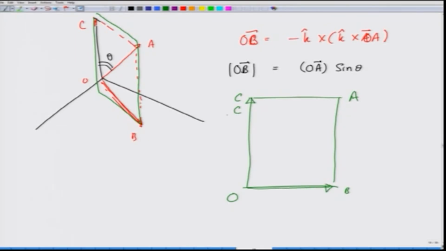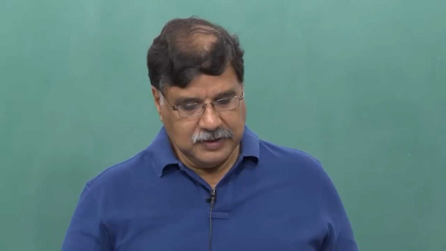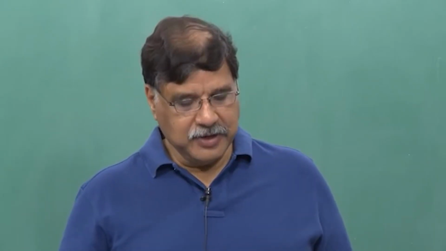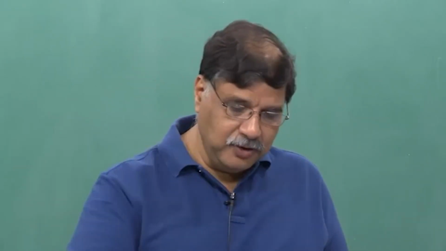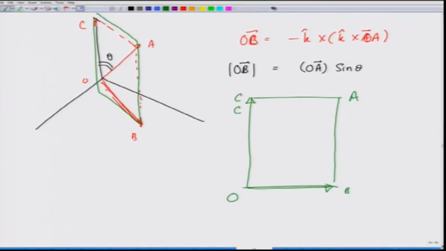You see what I am trying to do is to visualize things better, I am trying to draw a two dimensional figure. So, I have drawn this figure OABC and this is my vector OA. This angle is given to be theta. So, you can immediately see that if I look at this triangle OAB, this is nothing but OA magnitude, so this should be magnitude sine of theta. Okay.